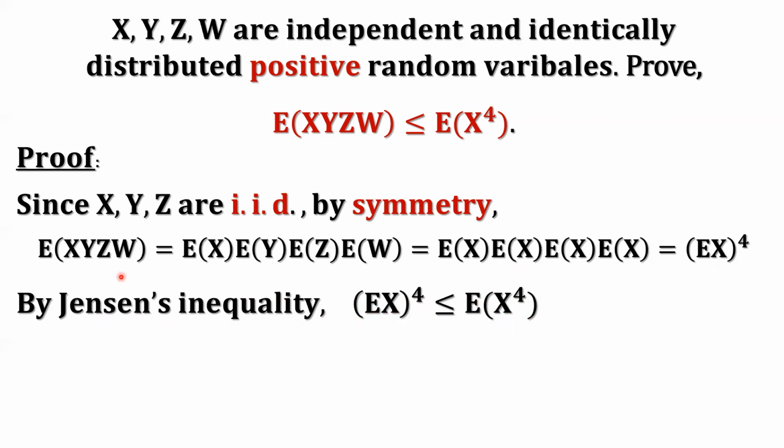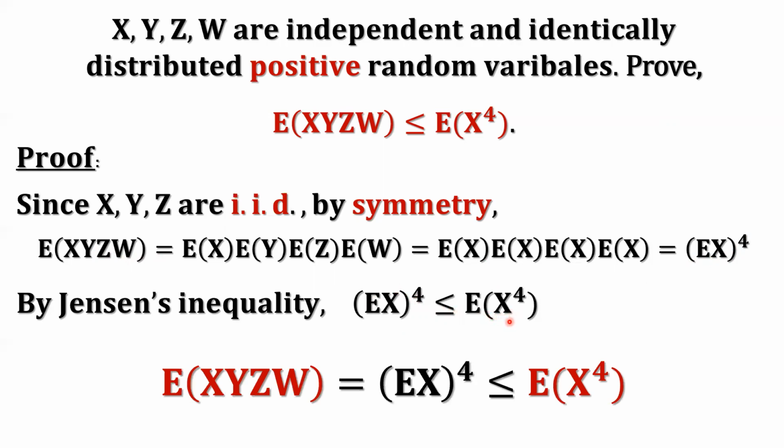So we can see that E[XYZW] equals (E[X])⁴ here. Then by Jensen's inequality, it is less than this, right? So this is the result we want to prove. You can see the left-hand side and the right-hand side are less than or equal. We have done the proof.